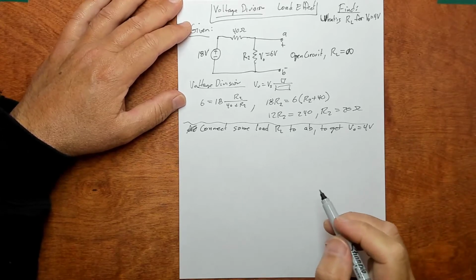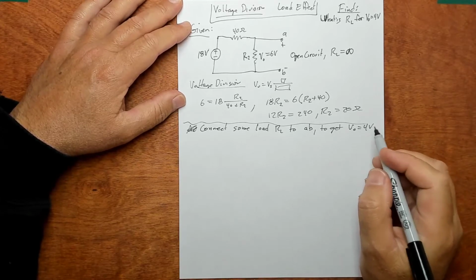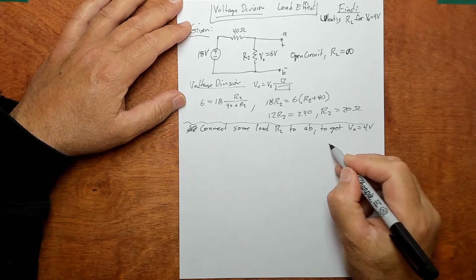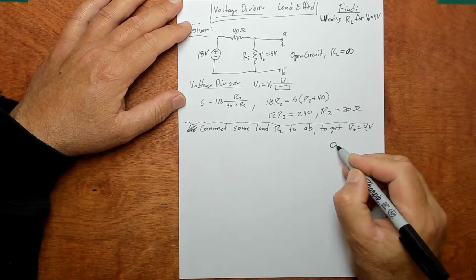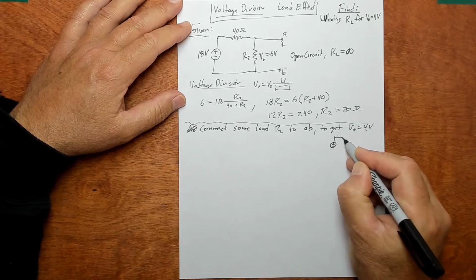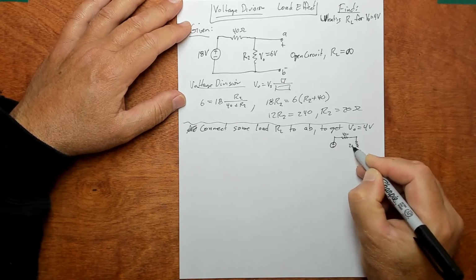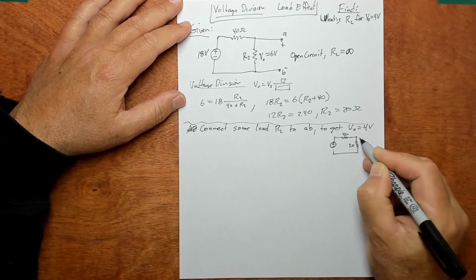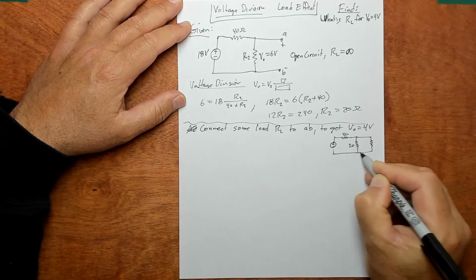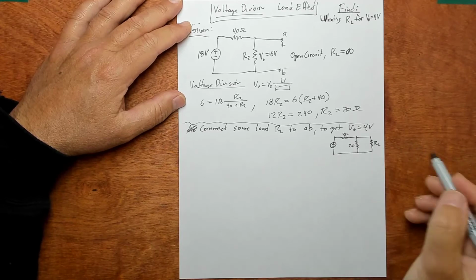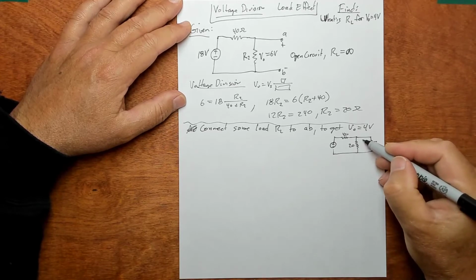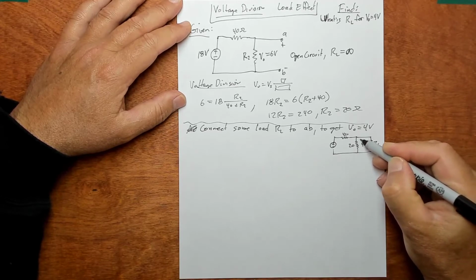So what we're going to do is scribble it over here in the corner, kind of tiny. The 40 is still going to be here, the 20 is going to be here, and then we're going to hook up R sub L here, and we want this to be 4 volts across here.